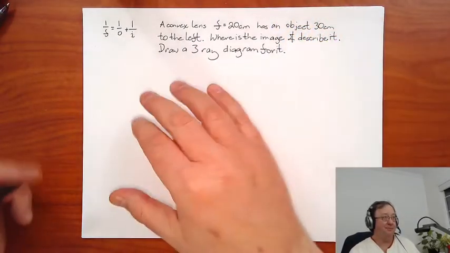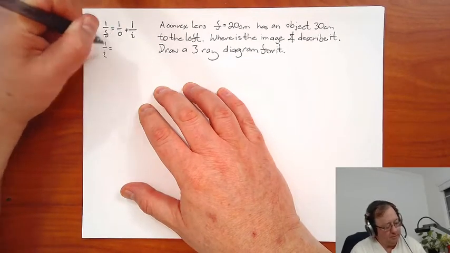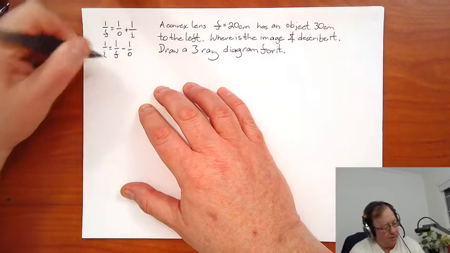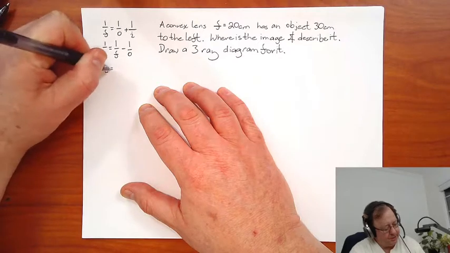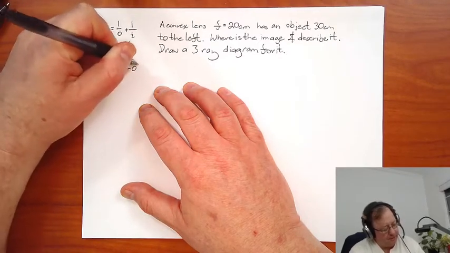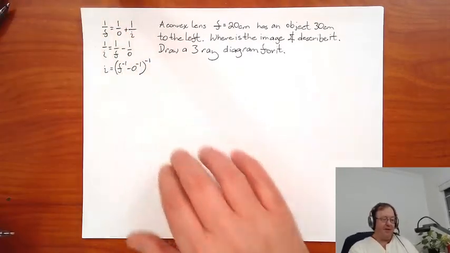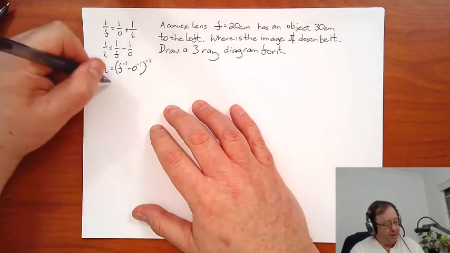Solve for I. 1 over I is 1 over F minus 1 over O, which leaves us with image distance being inverse focal minus inverse object, and then you invert that. So to get where the image is, plug and chug.